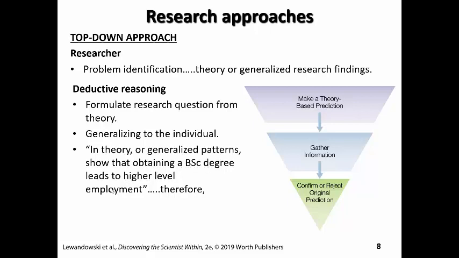So this is the premise based upon theory, based upon generalized patterns that might be observed. This is the start. Therefore, we would conclude that in a very specific application, I, a single person, a single case, will have high level employment if I earn a Bachelor of Science degree.